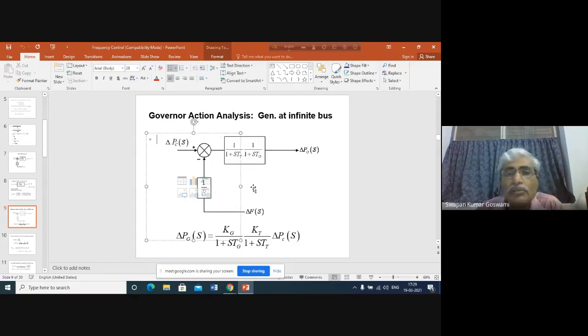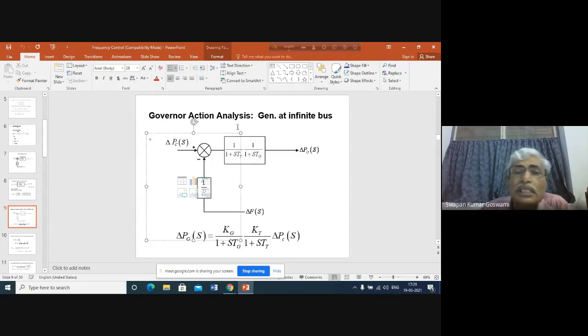Let us see how these two may be analyzed when the system is connected to the power system. Let us assume that we are analyzing the governor action, governor as well as turbine. Now, how is the governor operating? We shall try to find out the meaning of that R, the governor regulation I have mentioned. That's why we are making this analysis here.